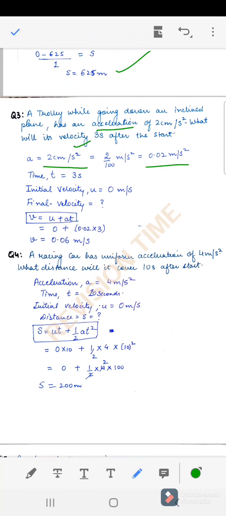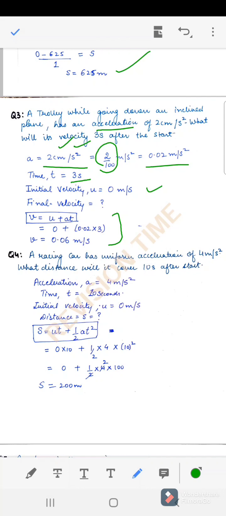Seconds is already in the SI unit. We have to convert centimeter to meter and just divide the quantity by 100. Time we are given is 3 seconds. Initial velocity is 0 meter per second because it is starting from rest. And we have to find the final velocity. Simply apply the first equation of motion and you will get the final velocity.